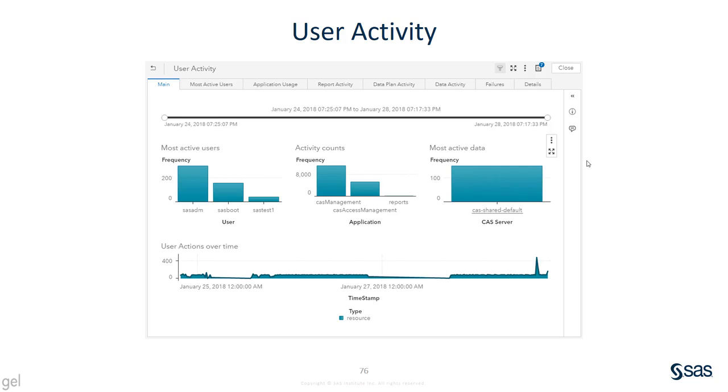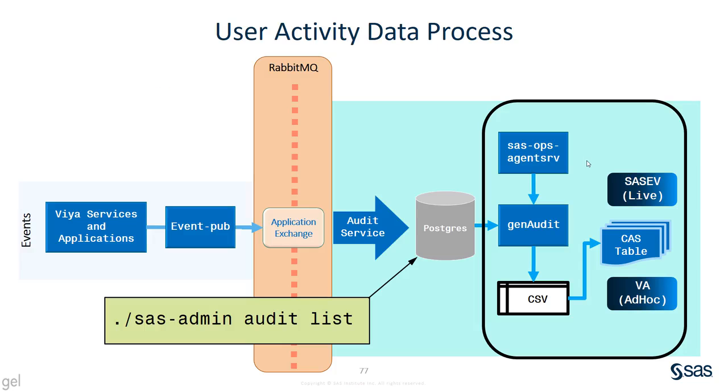Again, I have a slider so I can look at the span of time if I'm interested in it, and kind of the, who's the most active user, what reports were opened, what tables were opened, that sort of thing. This comes from the auditing information, which is coming through the operations infrastructure, and I have the ability to look at that information in a raw format if I just use the SAS admin with the audit list options.